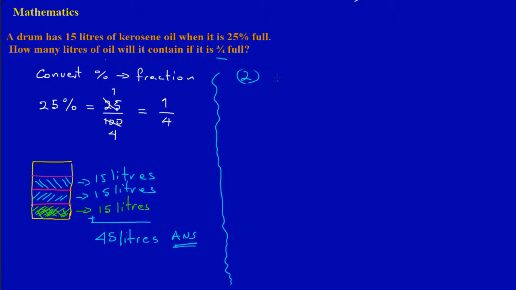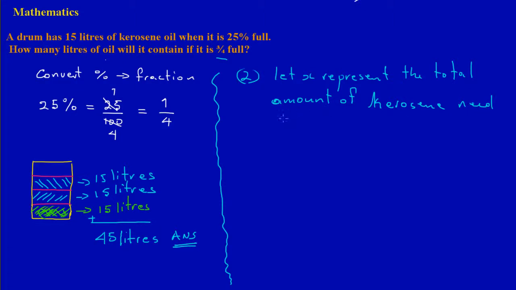All right, now what they're saying here is that before I can choose a variable, I must introduce my variable. Okay, so I must say let x represent the total amount of kerosene needed to fill a drum.